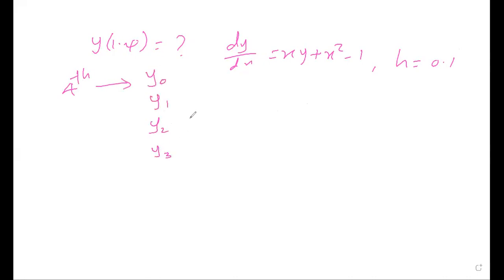Then only you can substitute, no? According to that, you have to know x0, x1, x2, x3. I think I didn't give you the x0 value. Anyway, let's say x0 is equal to 1.